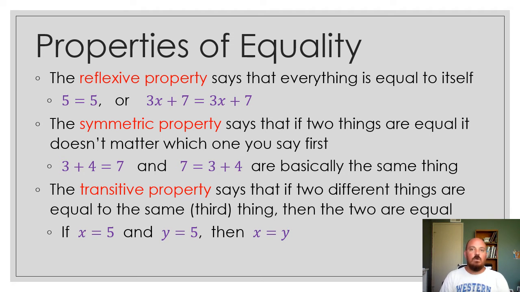So let's say in one question you have x equals 5, and then you solve for y, and y also equals 5. Well, x and y are the same thing. They both equal 5. And that's the transitive property. So we have three properties of equality: reflexive, symmetric, and transitive.